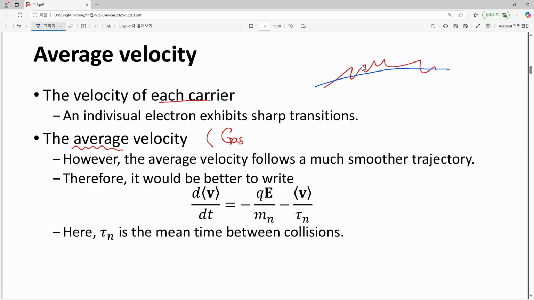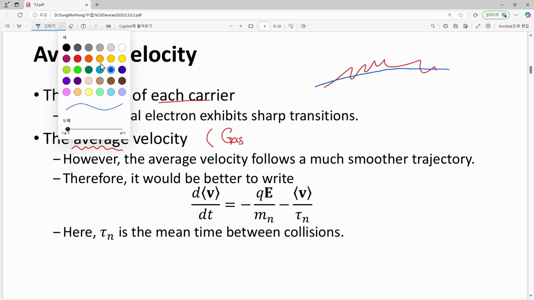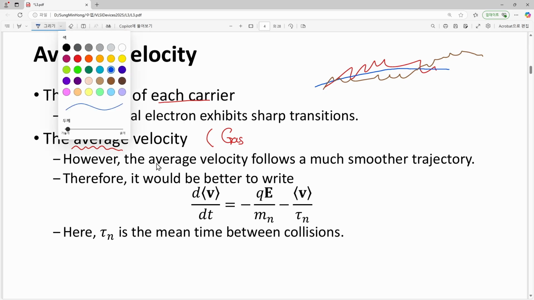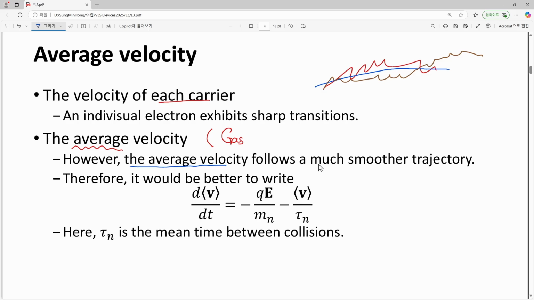Although one electron shows quite a steep behavior, and the other one also shows this, its average will show a much smoother transition. So as is shown here, the average velocity follows a much smoother trajectory, so it can be written in this form.